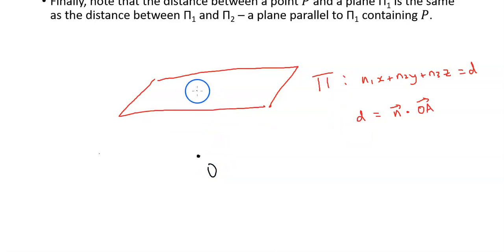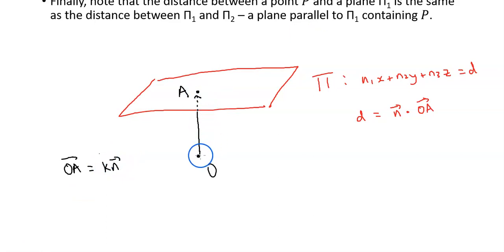And let's choose our point A such that the vector OA is parallel to our normal vector n. So OA is equal to some multiple of n. Let's say k times n.